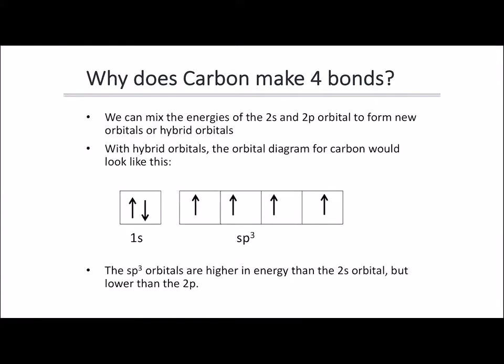The answer? Hybrid orbitals. If I take the energy of the 2s and the 2p and I mix them together, I can create a hybrid orbital. And so if we think about our configuration, I had the 2s and the 2p. They each had 1 electron.